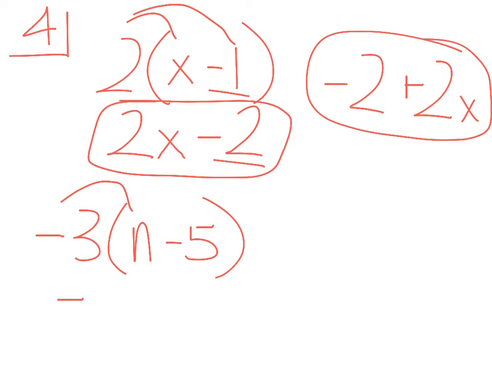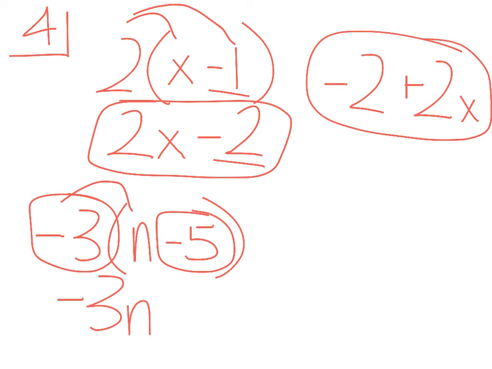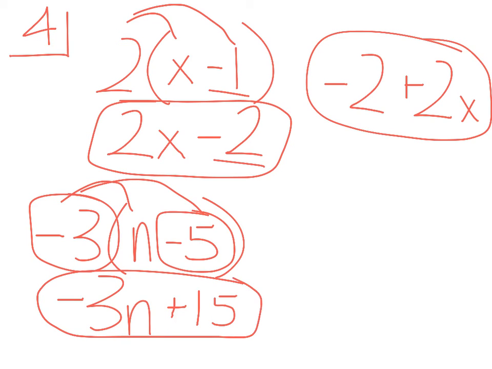So you've got negative 3 times n is negative 3n. And then you have negative 3 times negative 5. All right, I know that's tricky for some people. But negative 3 times negative 5 gives you positive 15.